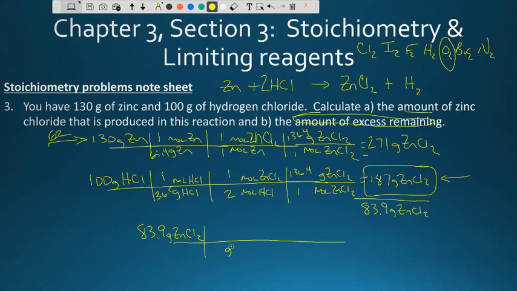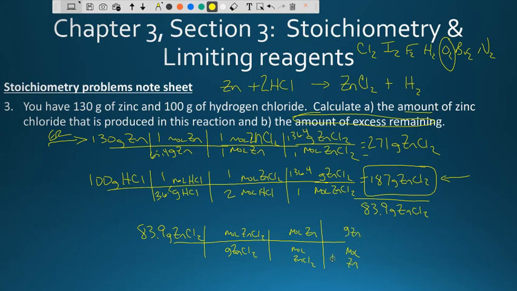So let's go from grams of zinc chloride to moles of zinc chloride. And notice I'm simply going to follow this equation backwards. I'm going to go from moles of zinc chloride to moles of my excess. In this case, that was zinc. And then I can go from moles of zinc to grams of zinc.